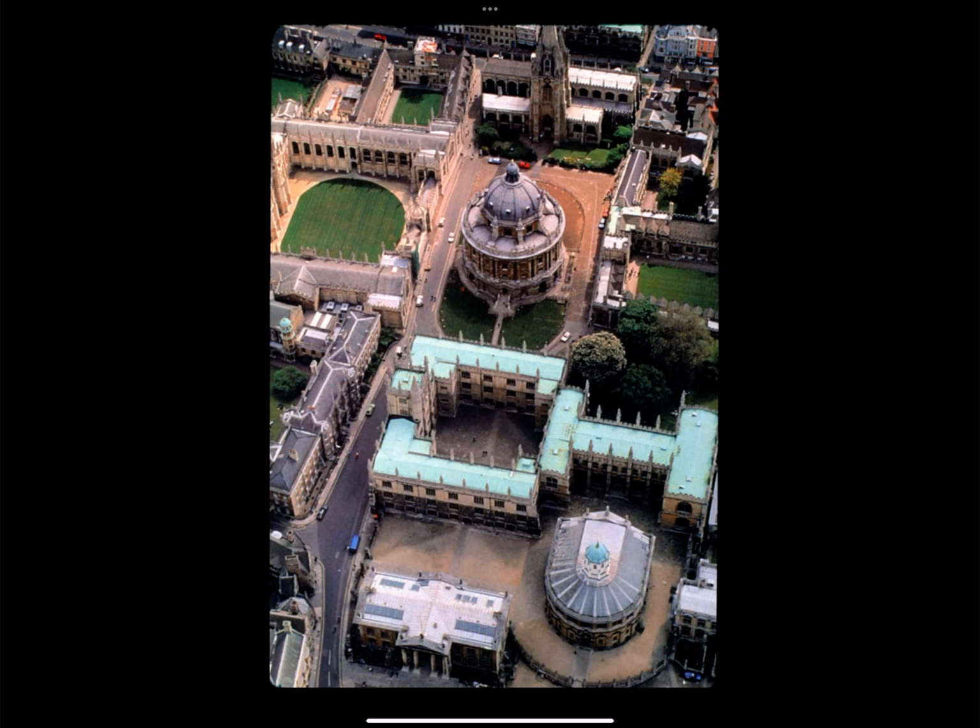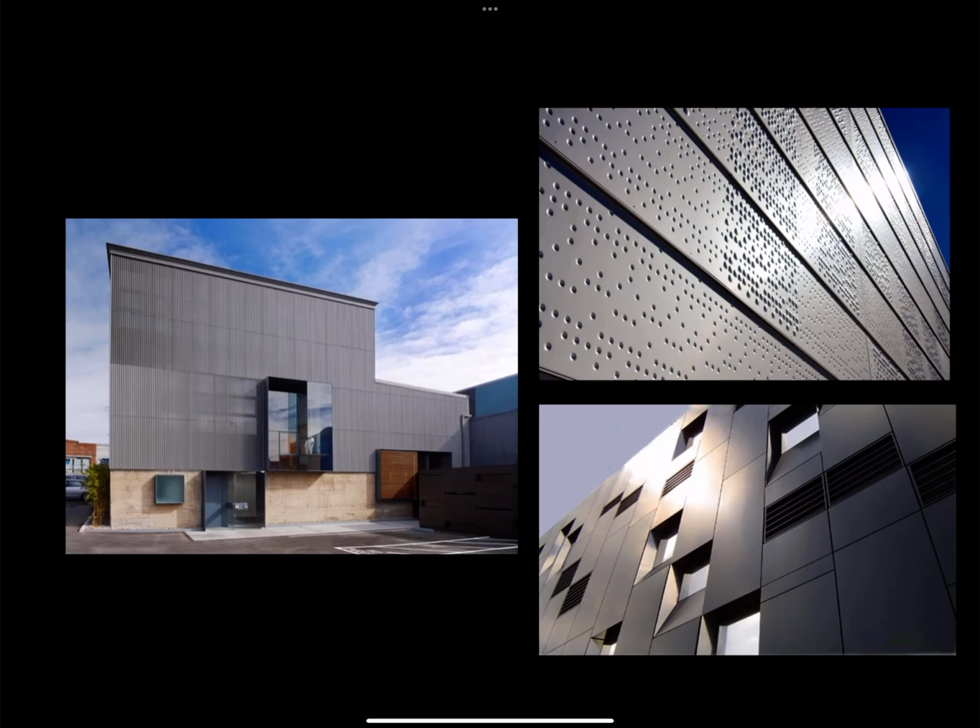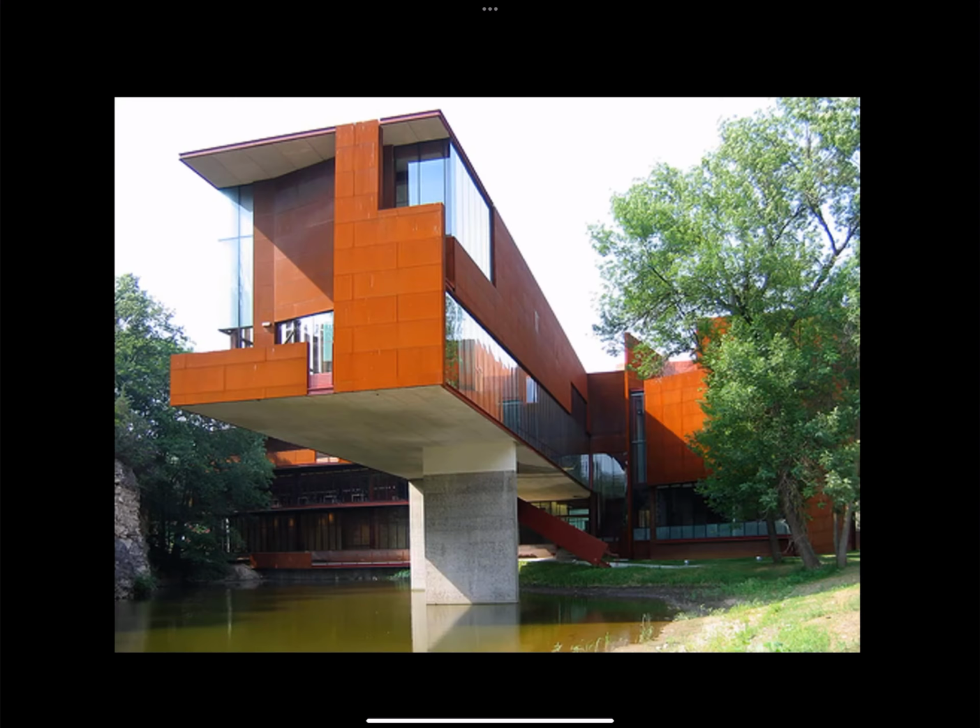But in addition to these traditional metals, we have a number of different metals that we use for cladding systems. Steel and aluminum cladding systems are the most common and very widely used. Corten steel, which is self-rusting steel or also called weathering steel, is also widely used these days.